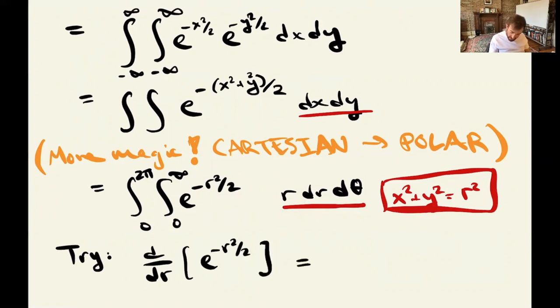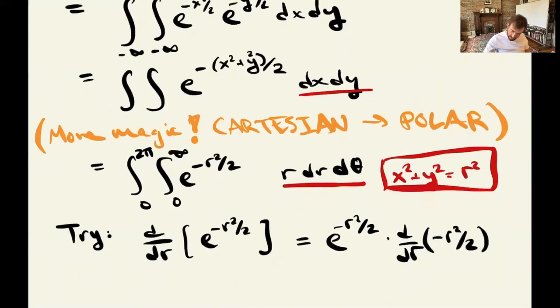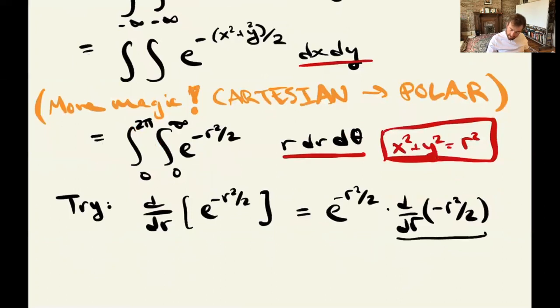Well, it's going to be e to the minus r squared over 2 times d/dr of minus r squared over 2. And so this expression here ends up being minus 2r over 2, which ends up canceling out our 2 and giving us just our minus sign here.